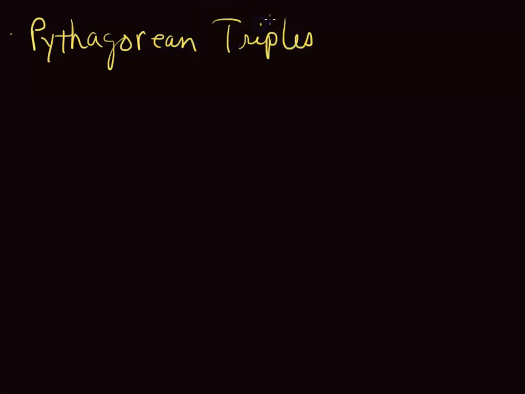Now, there are special right triangles. They call them Pythagorean triples. This is when you've got integers as the legs and hypotenuse of your right triangle.